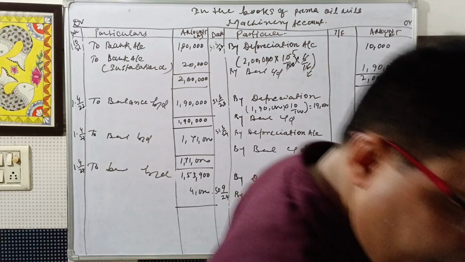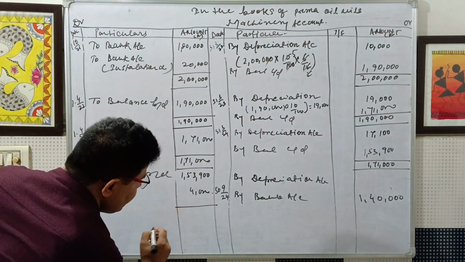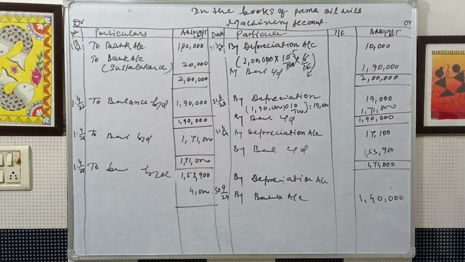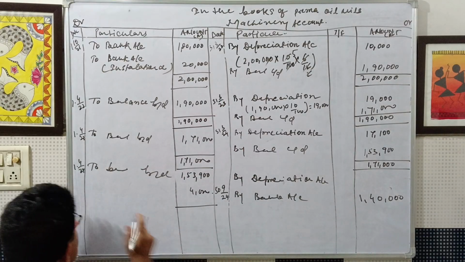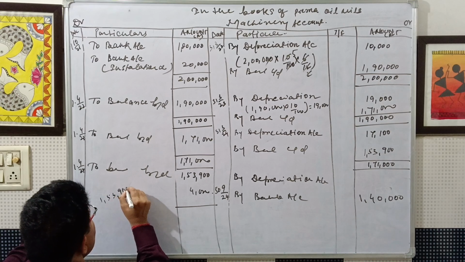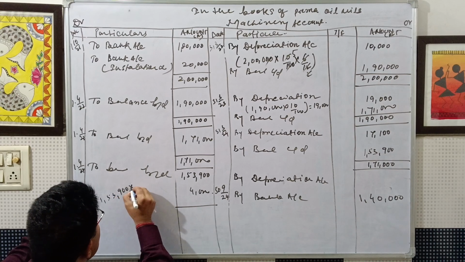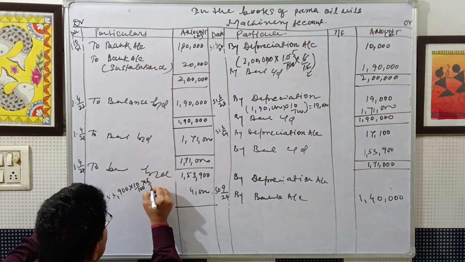How do you calculate? 1,53,900 into 10 by 100 into 6 by 12.